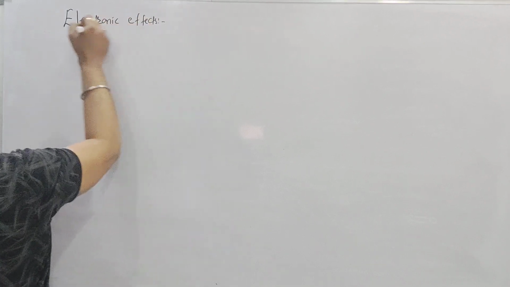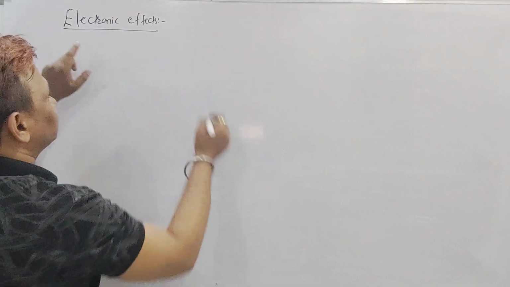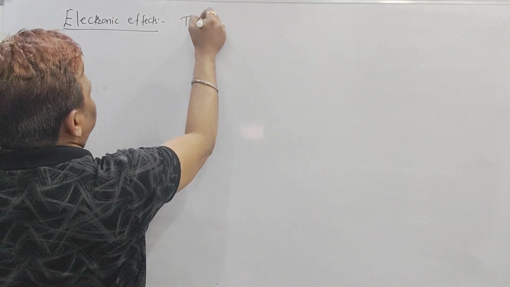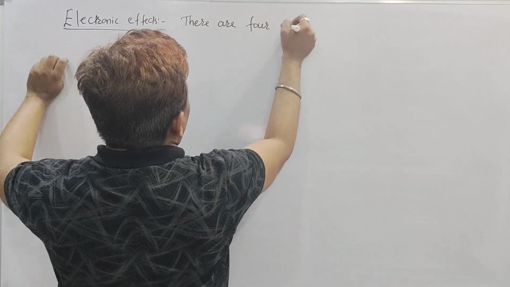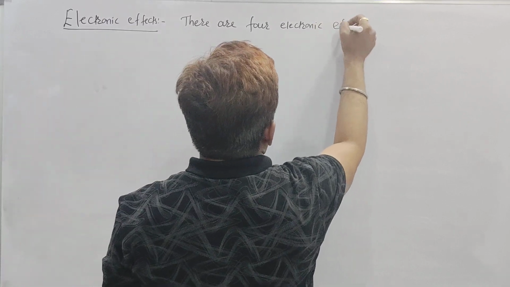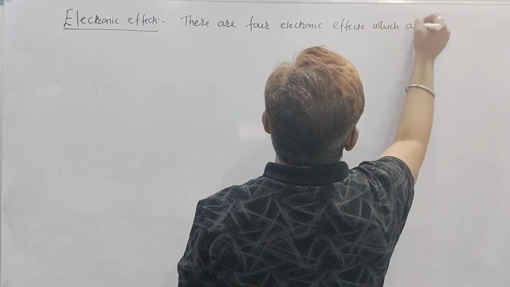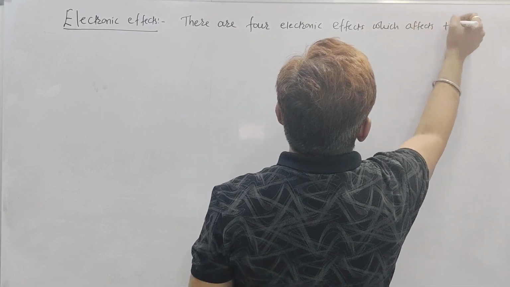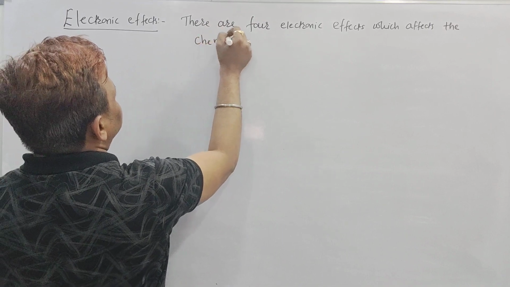That means in organic chemistry we are having, beta, how many? 4 electronic effects are there. That means 4 electronic effects which can affect the chemical reaction. So I will write here, there are 4 electronic effects which affect the chemical reactions.